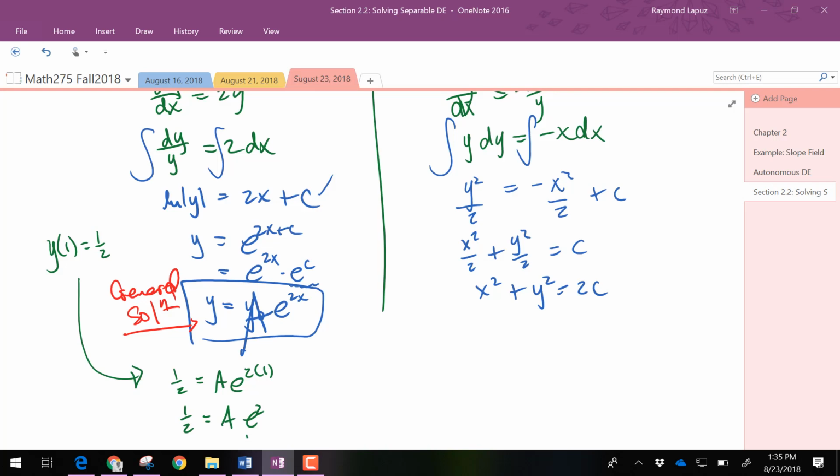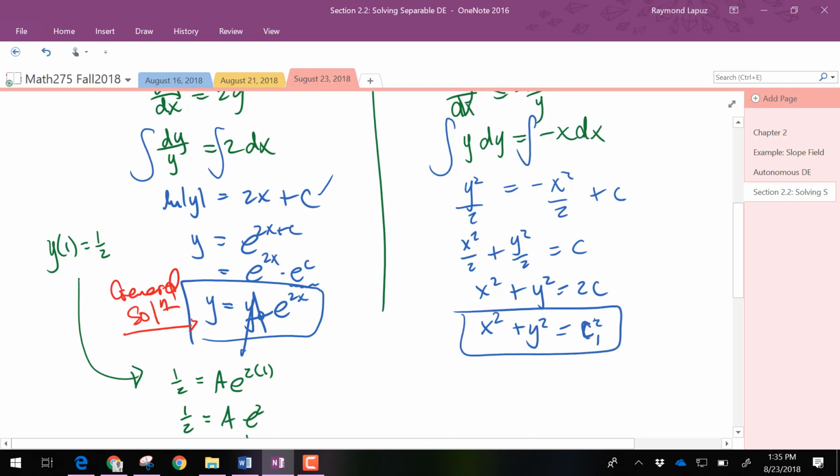Any questions? Yes. I guess this is still a general solution. This is still arbitrary. Let's keep it as another constant. So this is still a general solution.